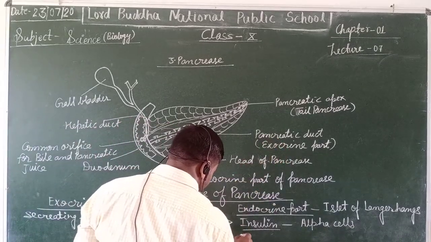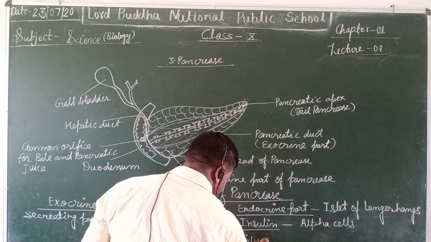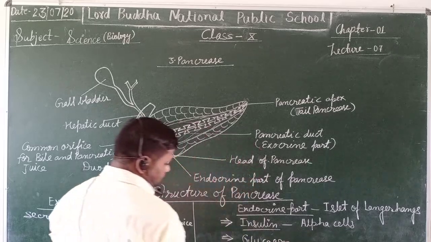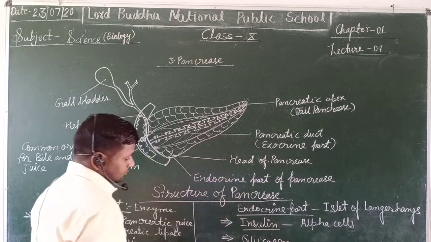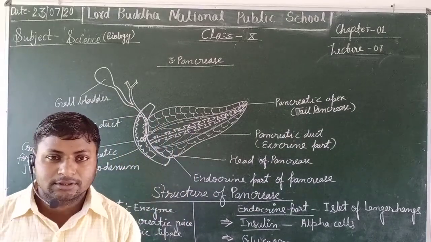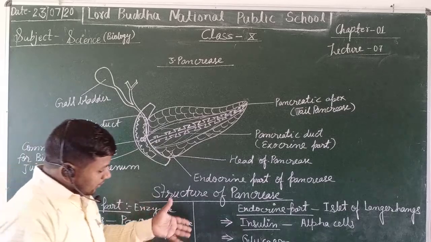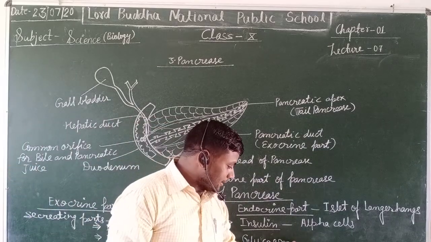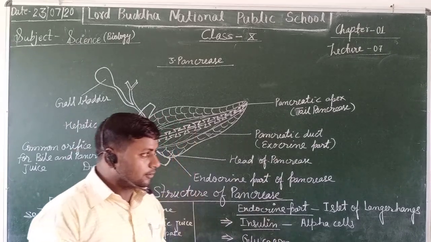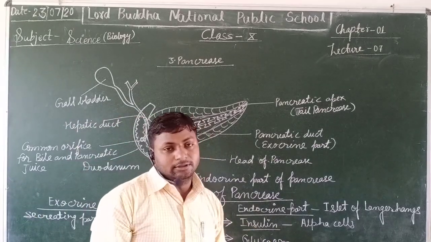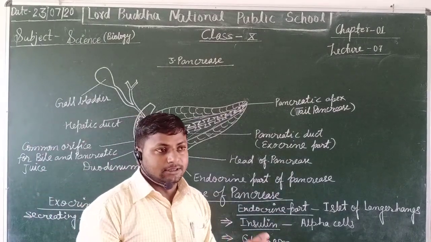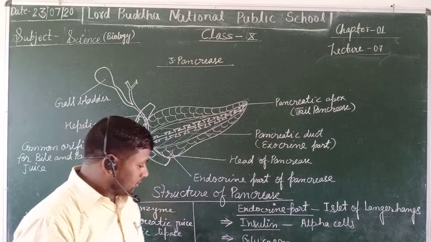Another hormone is glucagon. As the name suggests, it is related to glucose. Yes, students, it converts the excess amount of glucose present in our blood into glycogen and stores it in the muscles and other parts of the body.